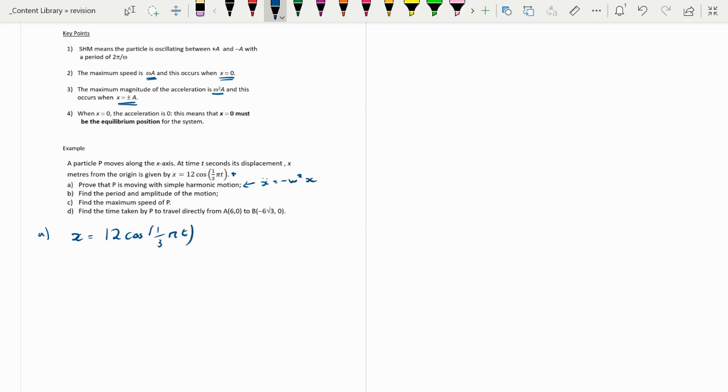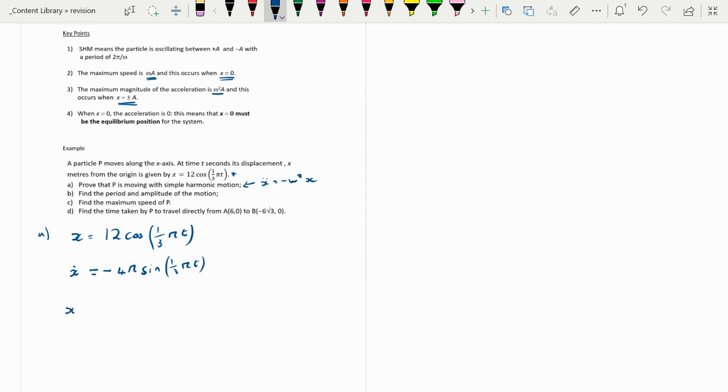Now, I could think about applying Newton's second law, but I don't know any forces, so I'm going to follow this route instead. I'm going to differentiate to get x dot. Cos is going to go to minus sine, and I times by a third pi, so I get minus 4 pi sine of a third pi t.